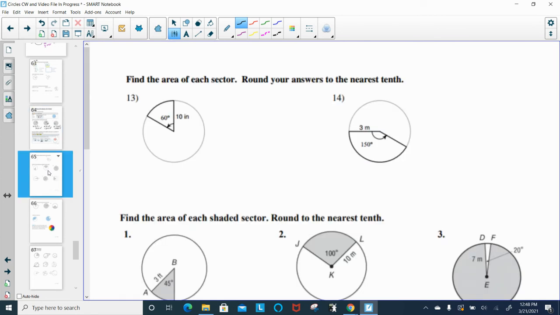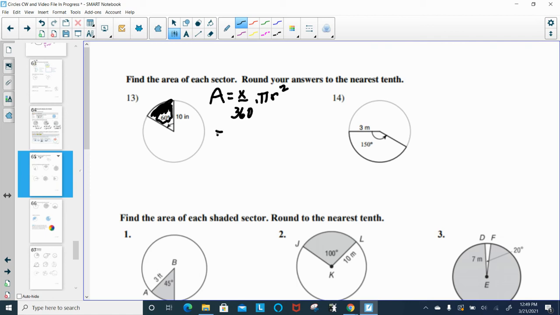Let's take a look at this problem at the top, number 13. Number 13 says that angle, I'm not sure if you can see that little angle, it's got a little arrow there, is 60. That's how big that angle is. And they want to know this whole pizza slice in here. But remember, area equals x over 360 times pi r squared.